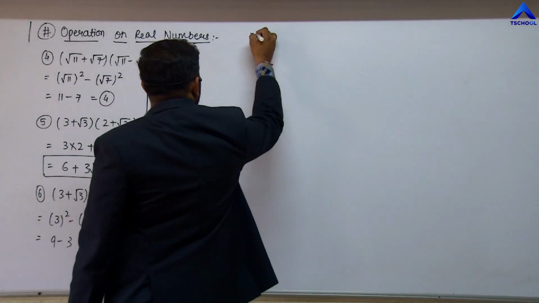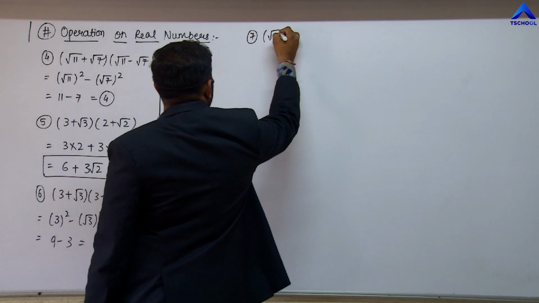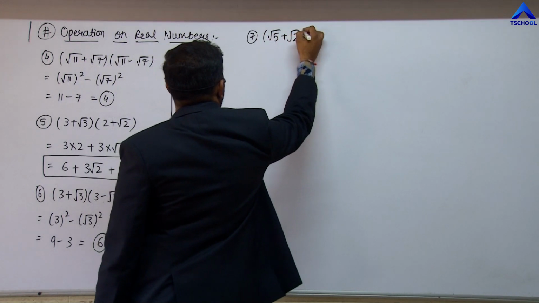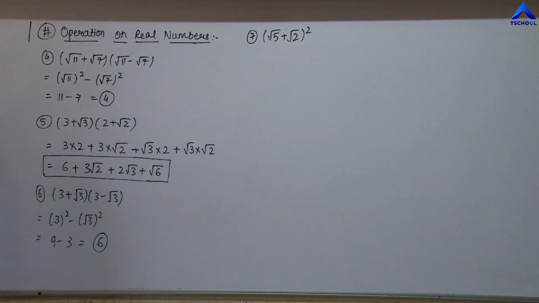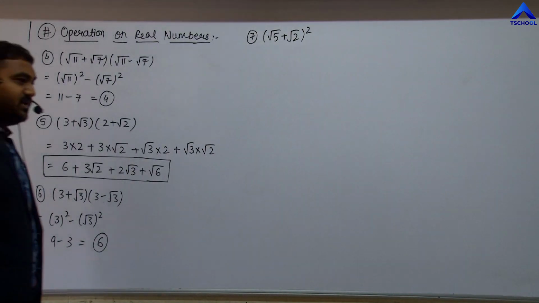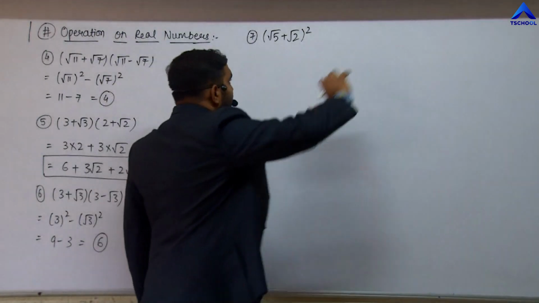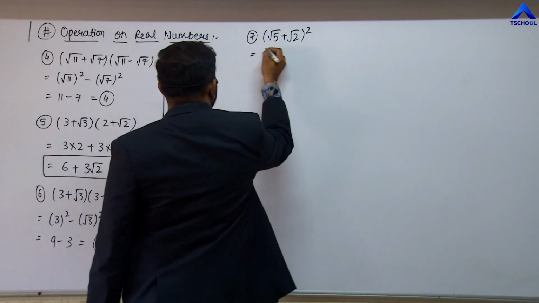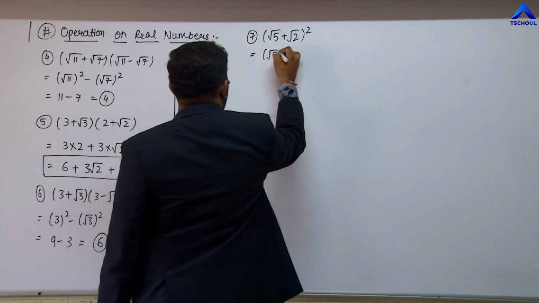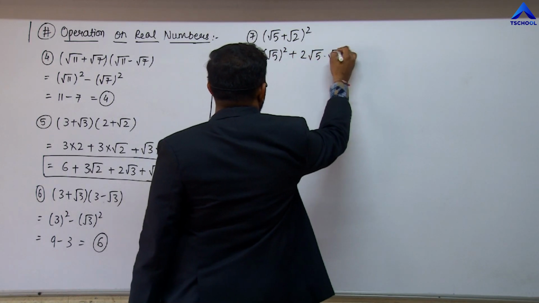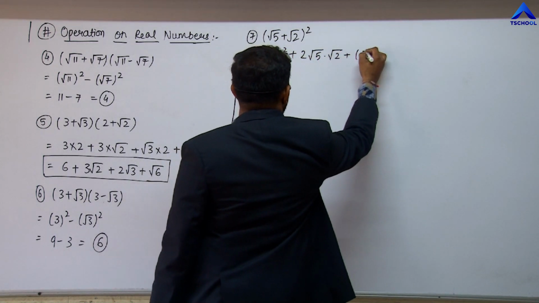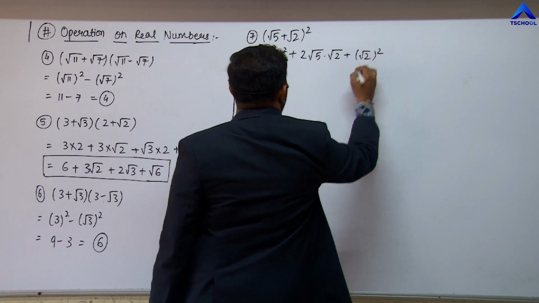Let me solve one or two more of the same kind. That is root 5 plus root 2 whole square. Root 5 plus root 2 whole square, that means a plus b whole square, or the fourth property, the fourth result, that is root 5 whole square plus 2 into root 5 into root 2 plus root 2 whole square.